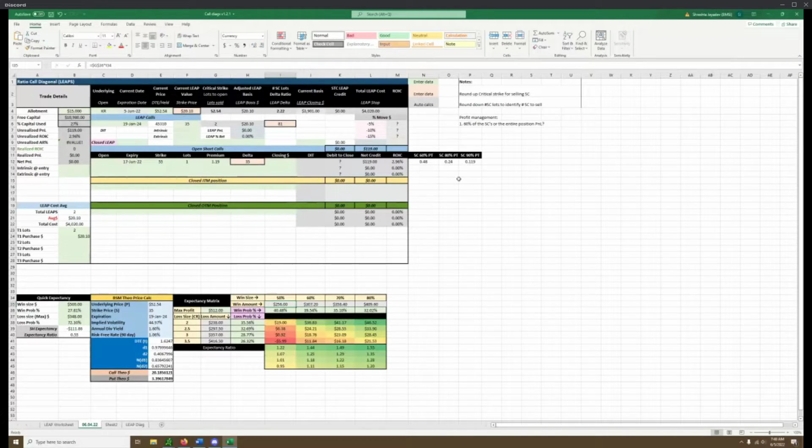Okay, and then for the rest of the calculator, you go in and fill in all of those amounts to the right, on the x-axis, and then on the y-axis. The ones in green are auto-calculated based on the premium received here.